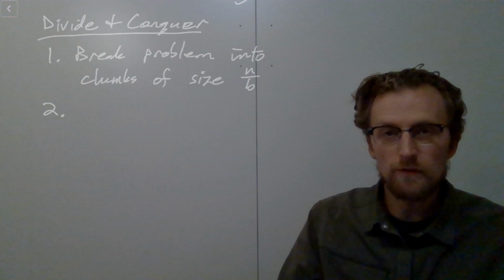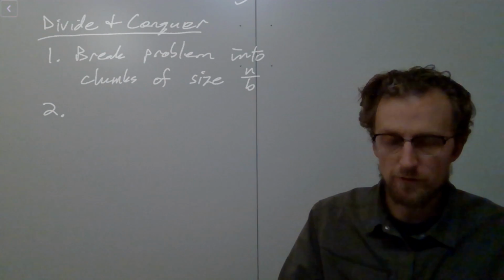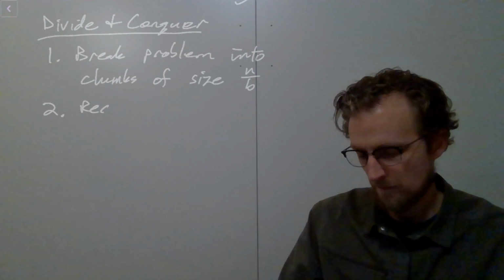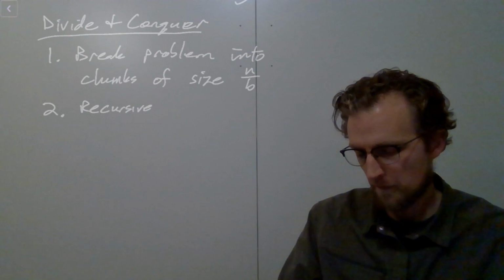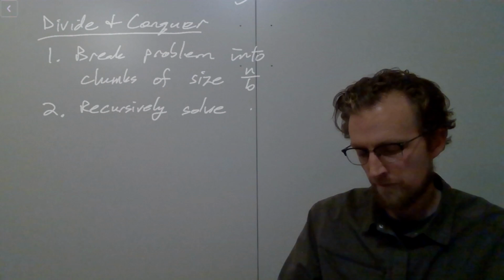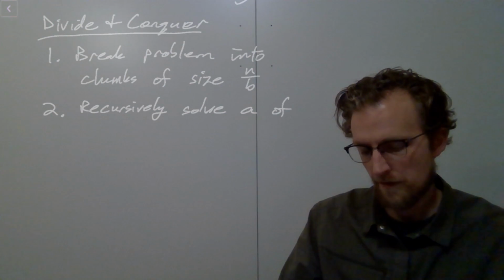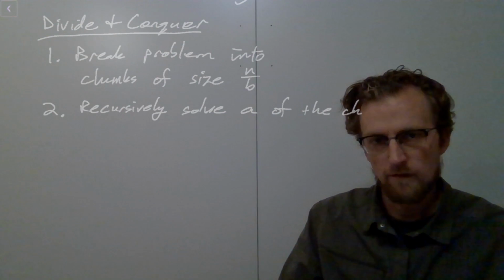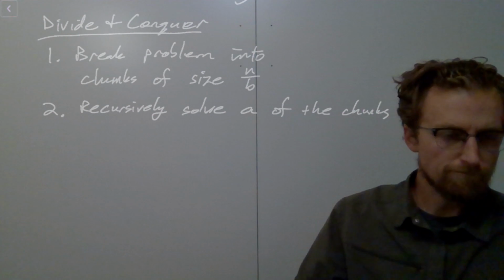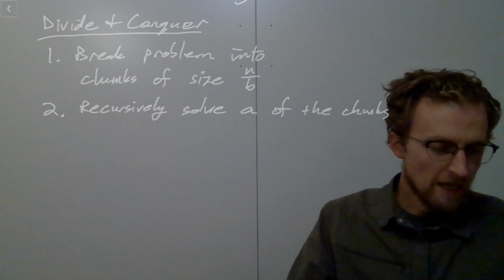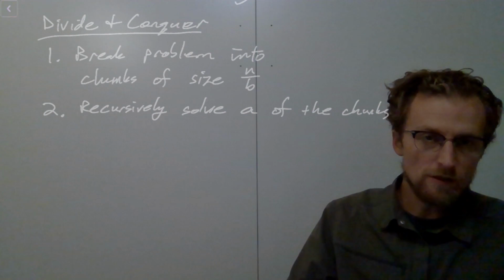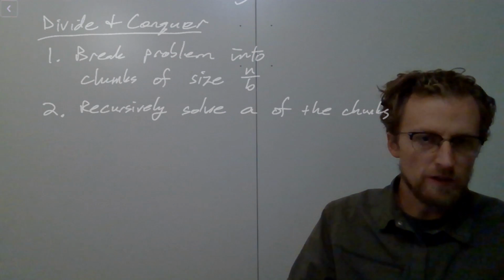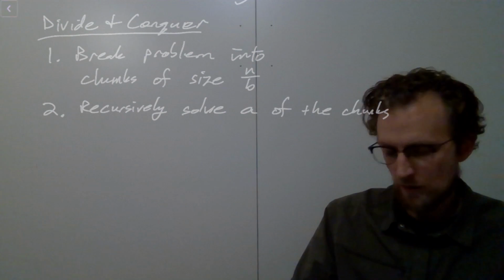Now you recursively go and solve a of those chunks. And then you take the solutions from the recursion and you combine them back together in some way to solve the original problem.